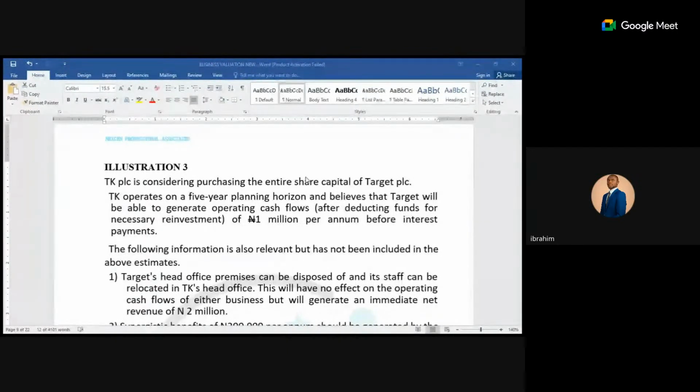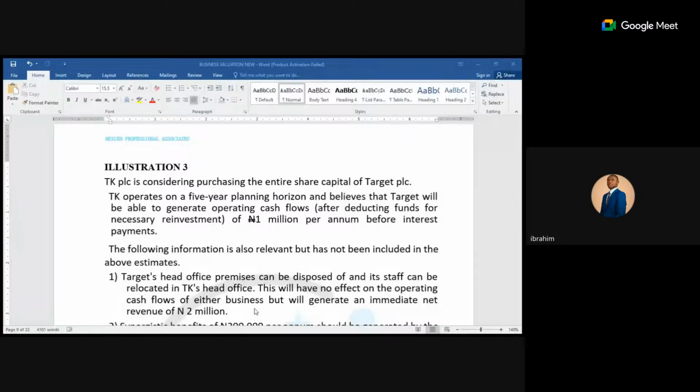The discounted cash flow. Now, as you read this question, something should come to your mind: this question is pointing towards discounted cash flow. It is not talking about accounting profit, right?